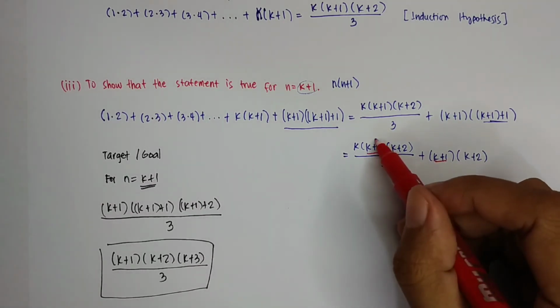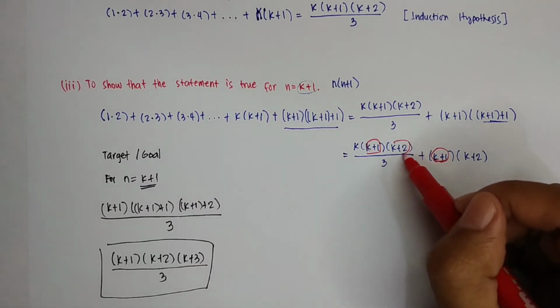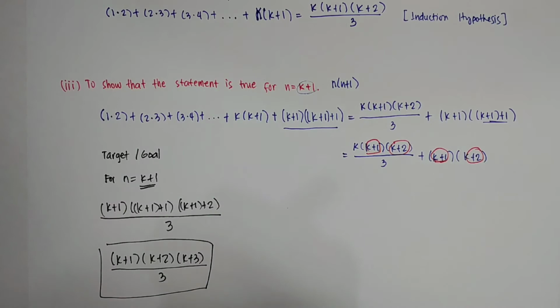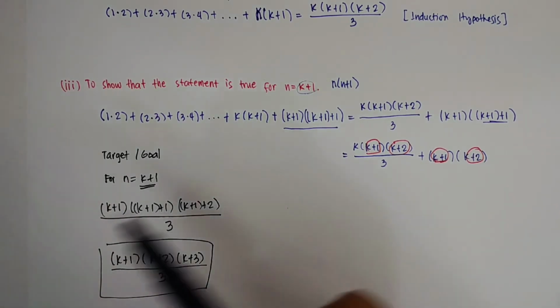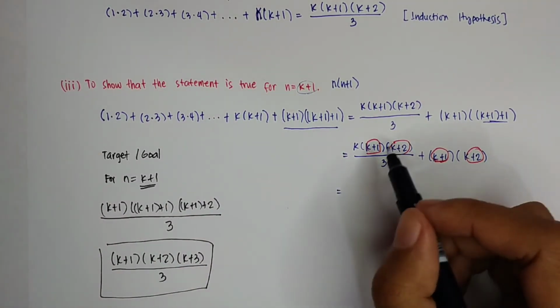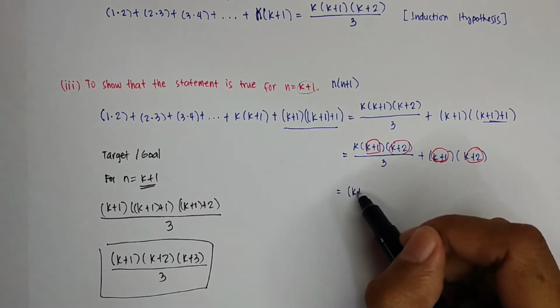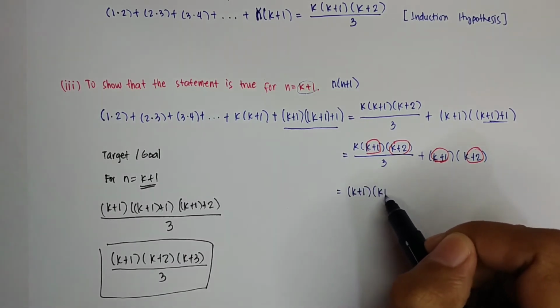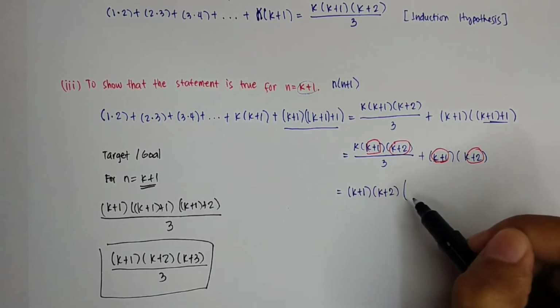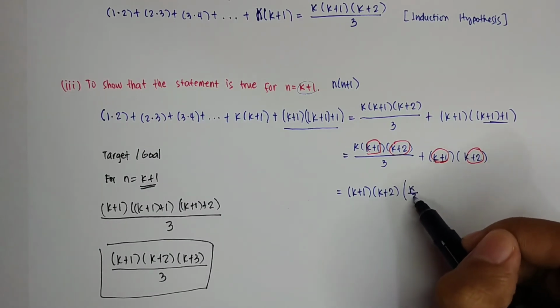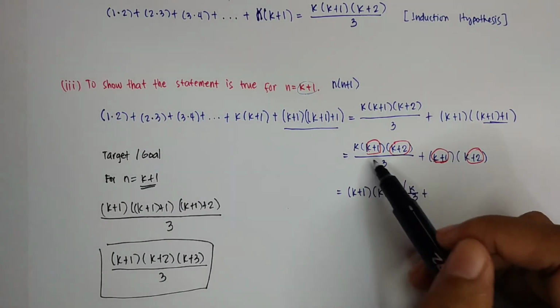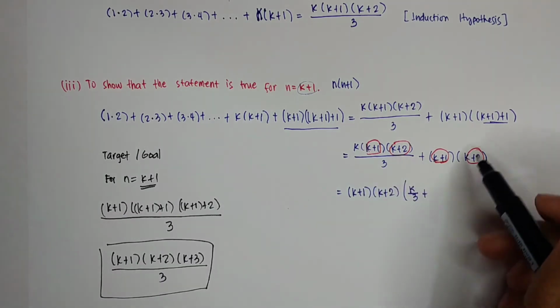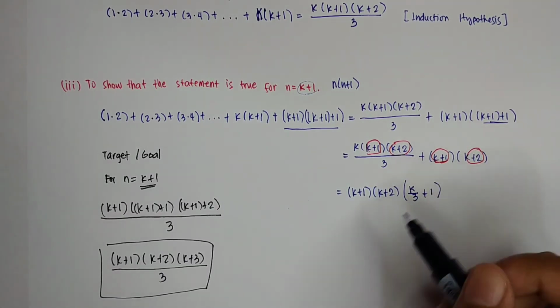So we have k plus 1 here, k plus 1, k plus 1. Meron din tayong k plus 2 and k plus 2. So now, factor out natin siya. We have k plus 1 times k plus 2 times k over 3 plus, 'di ba k over 3 na lang yung natira dito sa first term at saka sa second term, 1 na lang.